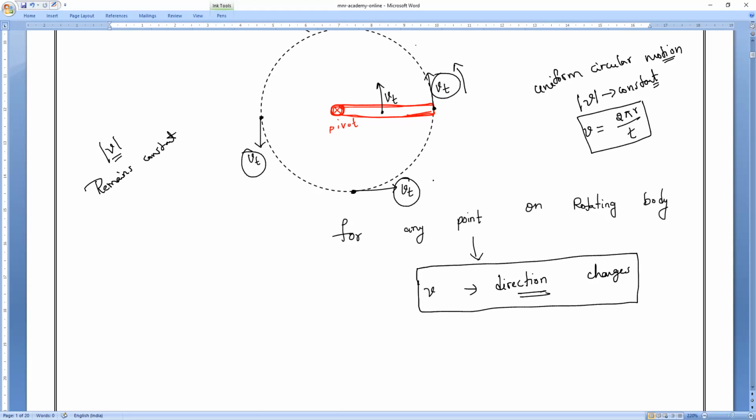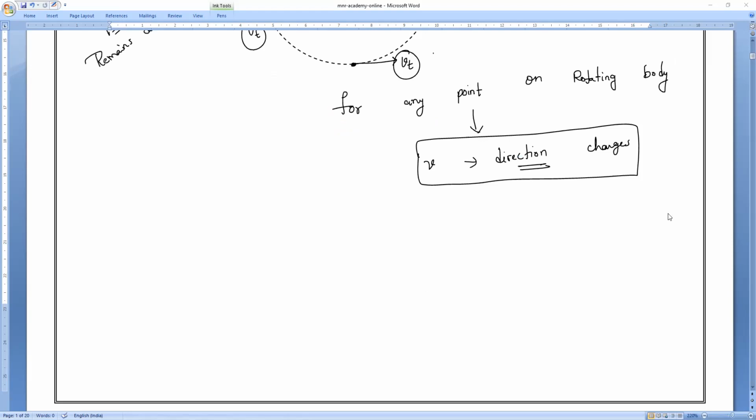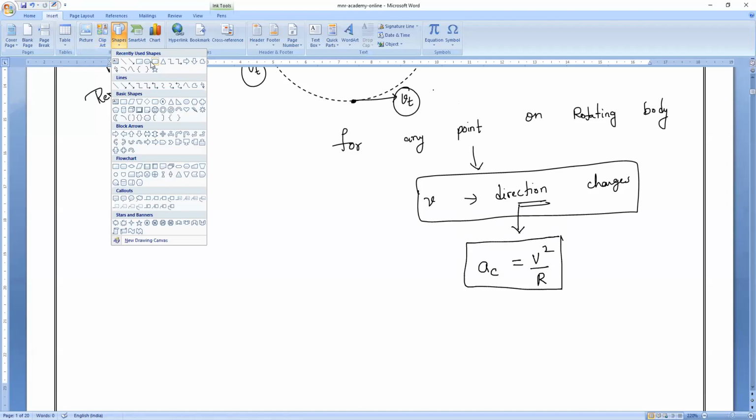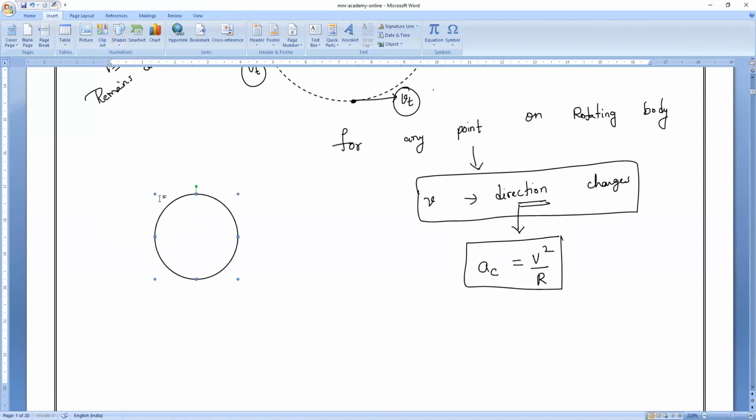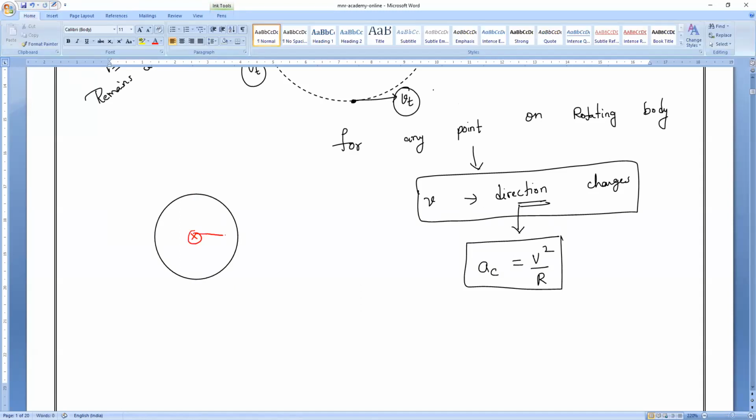So keep it in mind, the magnitude of velocity remains constant, but velocity changes because of direction. Then at this time we will have a centripetal acceleration. So if I take any object attached from the center, the radius is this one.